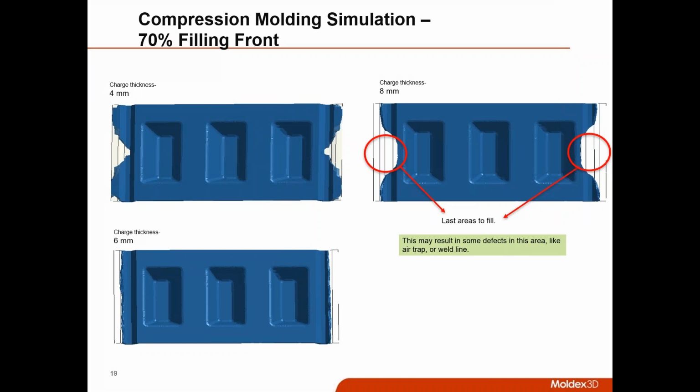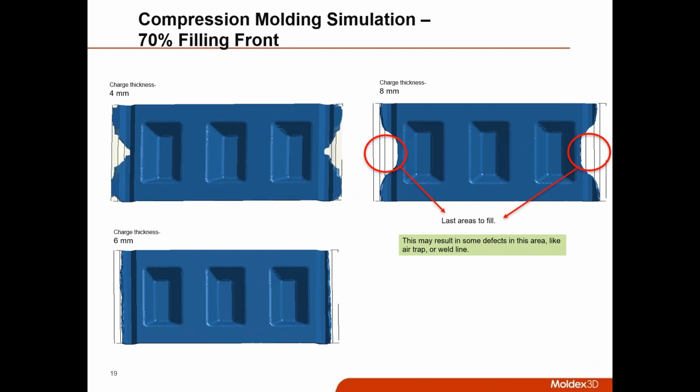So charge thickness and charge placement for compression molding is important, and running simulation can help to identify how, with the volume of the charge being the same, if the height differed or if it's placed in different regions of the mold, how will it change fiber orientation?